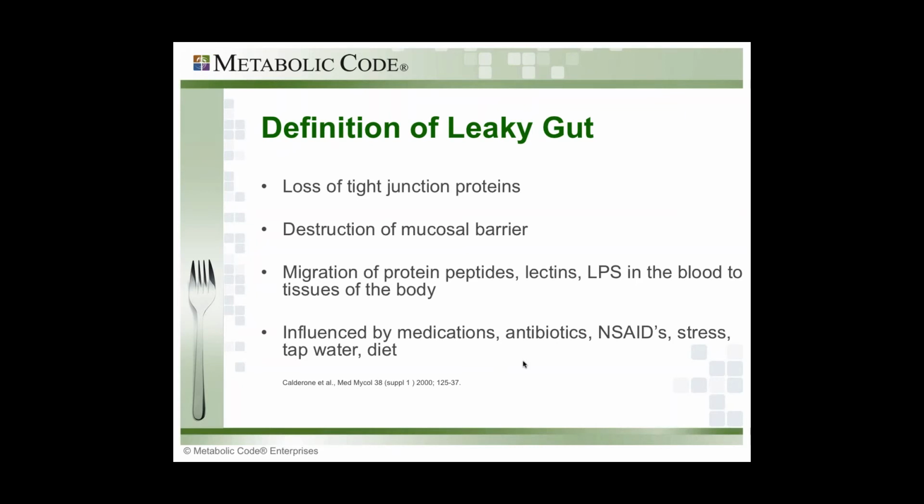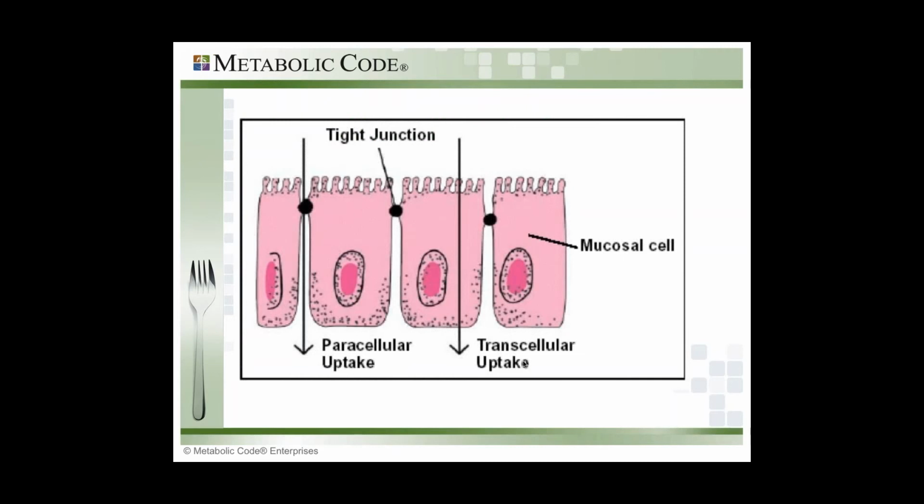And this is a nice graphic to show what the tight junction proteins kind of do. They block that between-cell uptake and force things to get absorbed like they're supposed to through the villi.